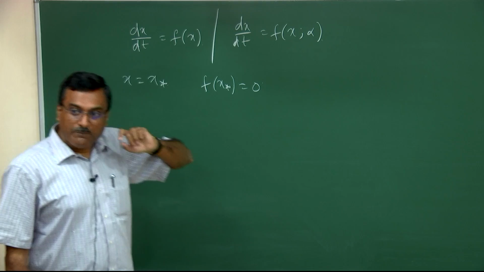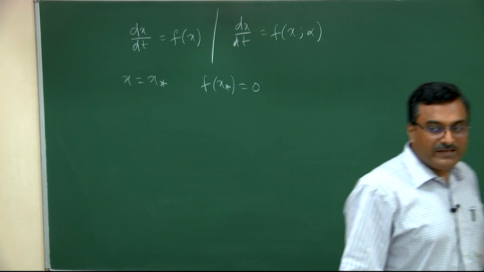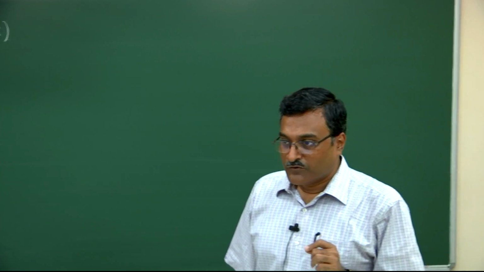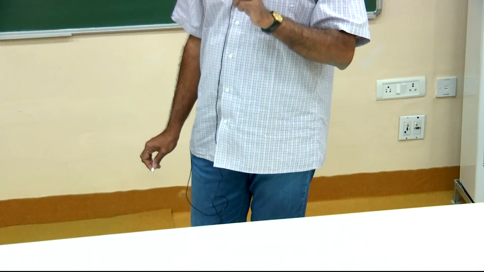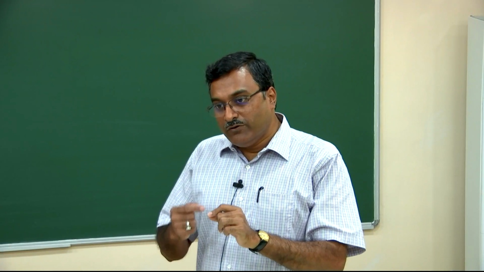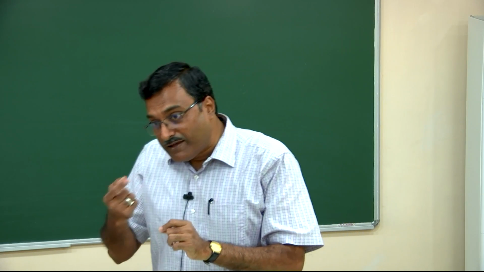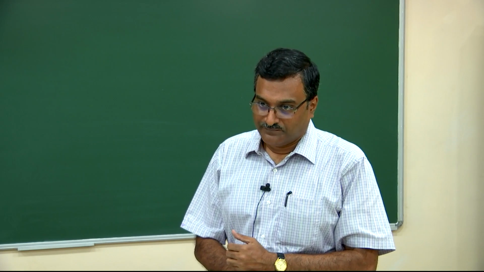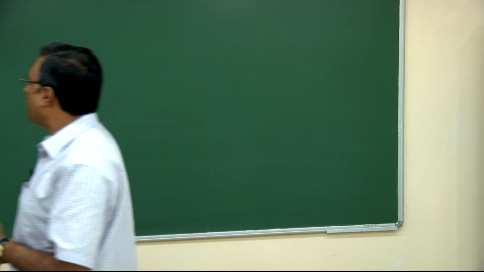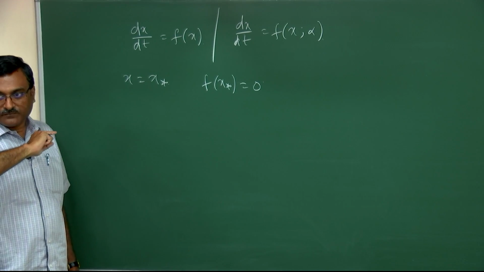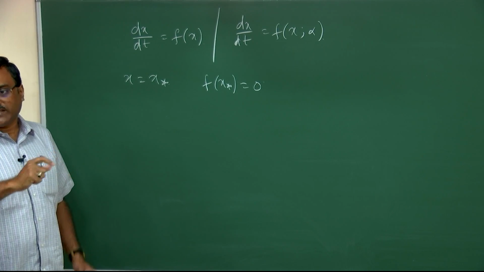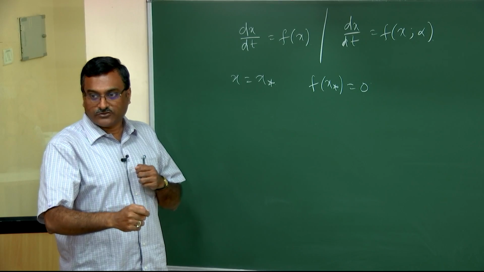Now you need to keep in mind why we are interested in the equilibrium point. We are interested only because the equilibrium point is itself a solution of the given system. Why? Because this is a nonlinear equation, and for most nonlinear equations you cannot find the general solution.